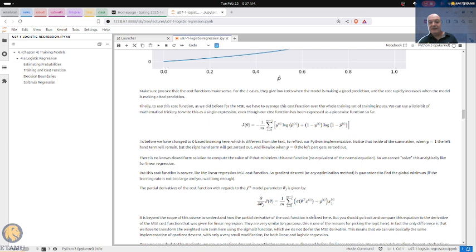The most straightforward reason this is commonly used is that it is easy to take the derivative. We can analytically take the derivative of this. That's what this expression is. You don't have to really understand what happens here. Just take it as a given that the derivative of the cost function that we define comes up with this expression here.